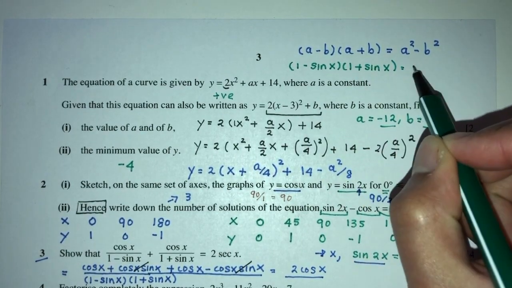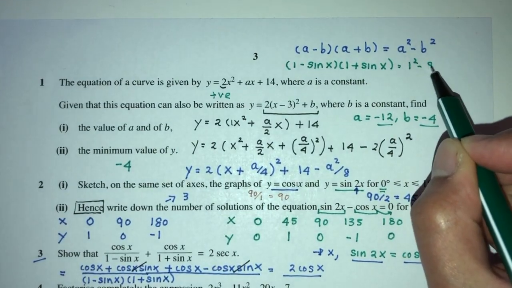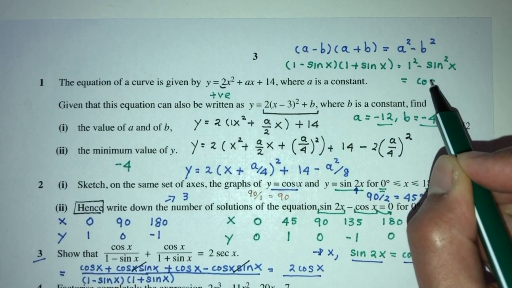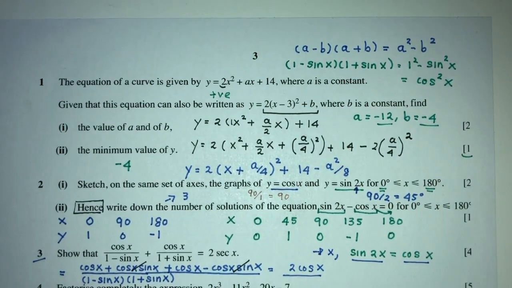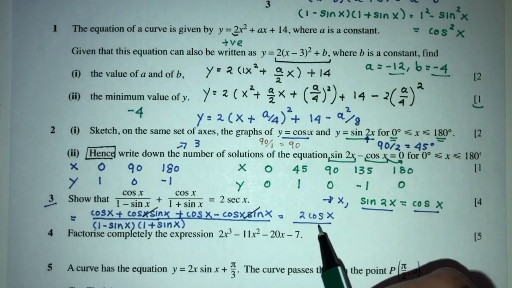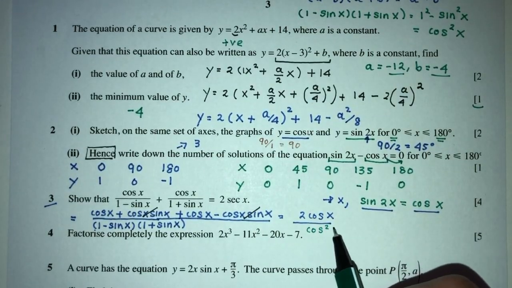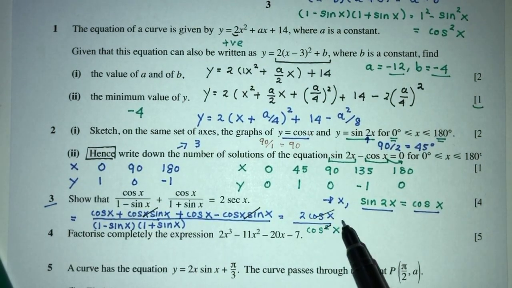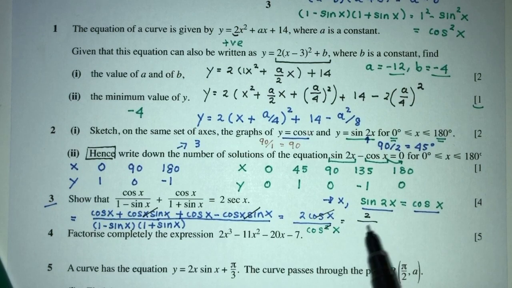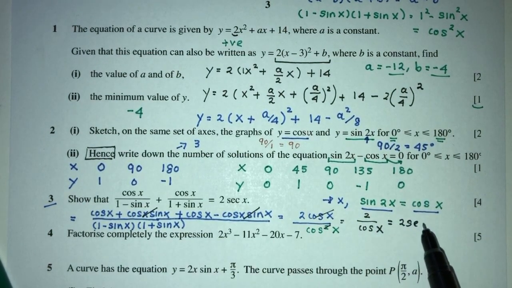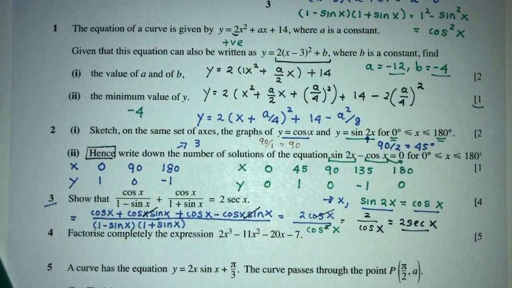So that will give you 1 square minus sine square x, which should be cos square x, according to the identity given to you on your formula sheet. So that will be cos square x. Now just simplify, this will cancel out. So you'll have 2 over cos x, which is equal to 2 sec x. This is shown as required for your question number 3.